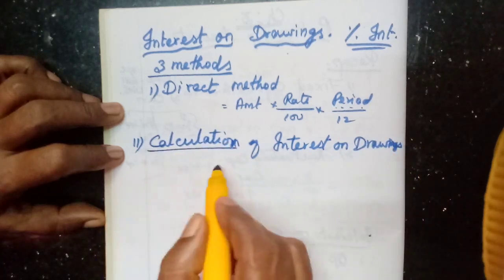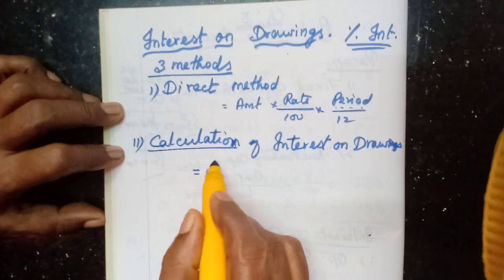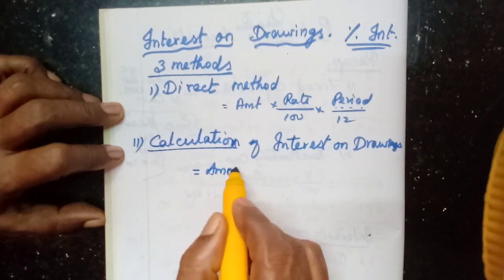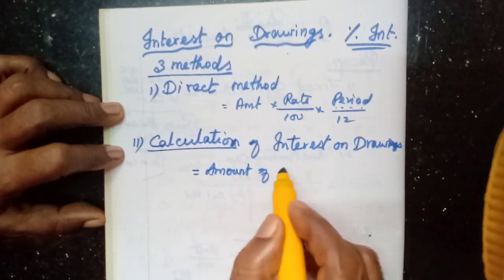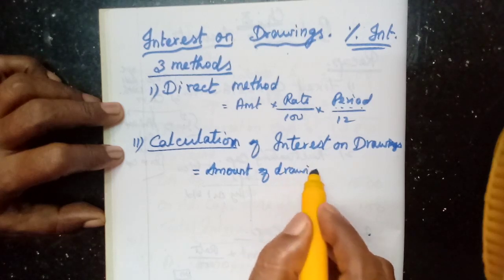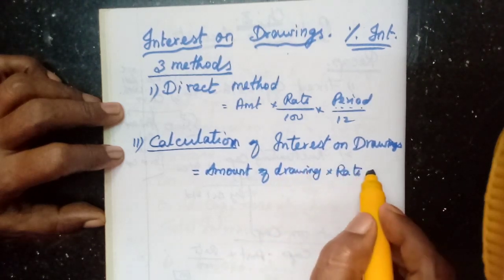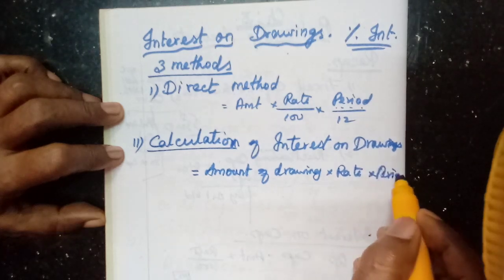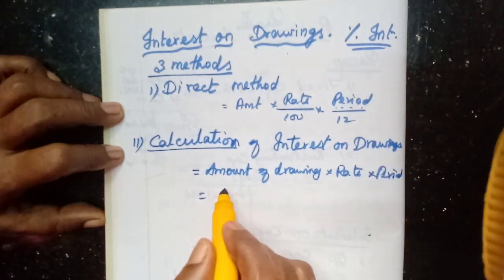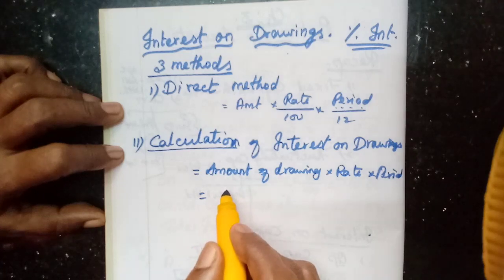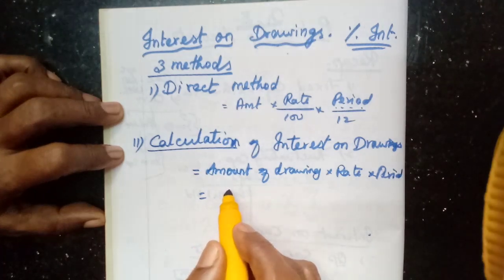Interest on drawings is equal to amount of drawings into rate of interest into period of interest. You have to write fully. What is the amount of drawings? In the book it is given. He withdrew 20,000 on 1st April.